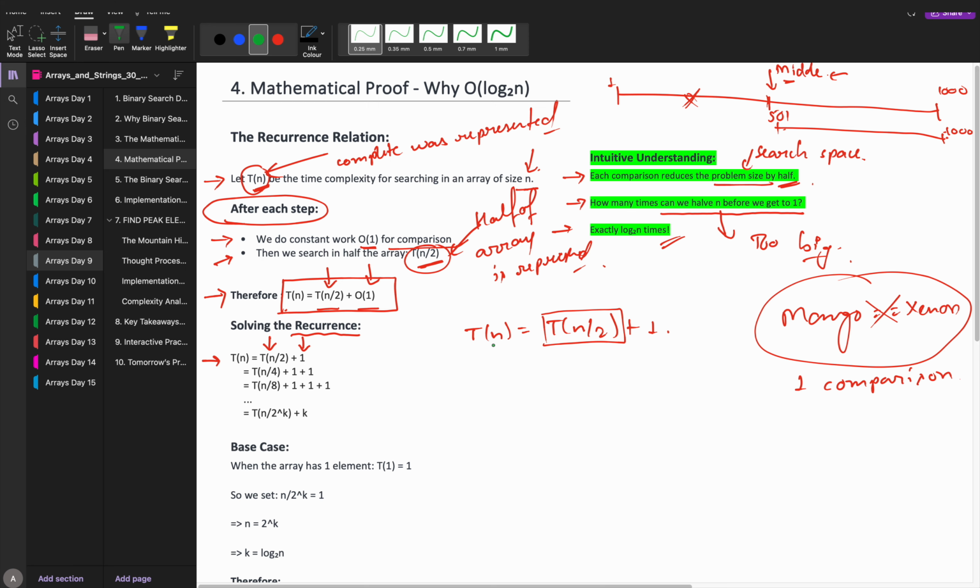Obviously, in the same equation, replace n by n by 2. Then this will become T of n by 2 divided by 2, plus 1, plus 1. I just substituted the value of n by 2 here.